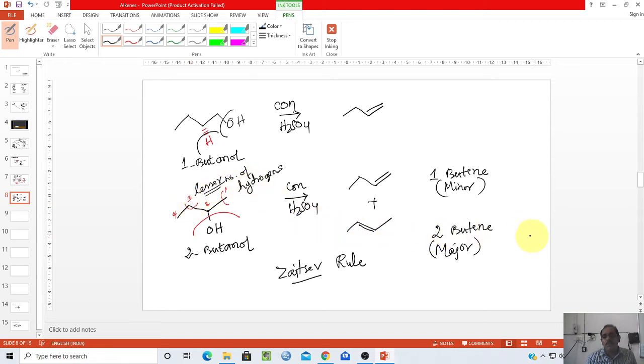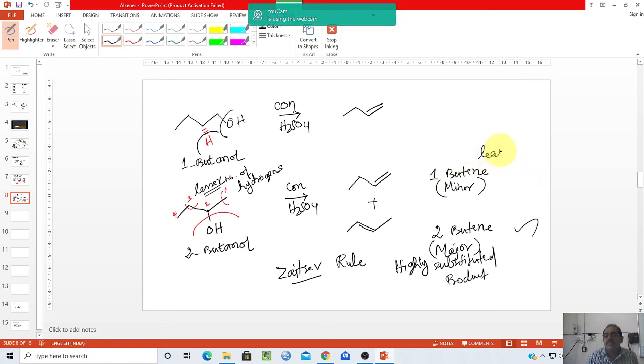Hence, this product will be formed preferably, or otherwise, this is called the highly substituted product. Highly substituted product will be favored. This is the least substituted product, so it is least. Okay, this is the least substituted product.